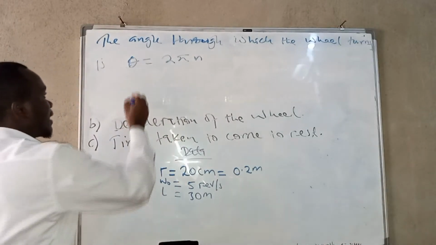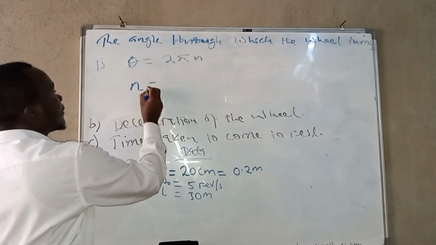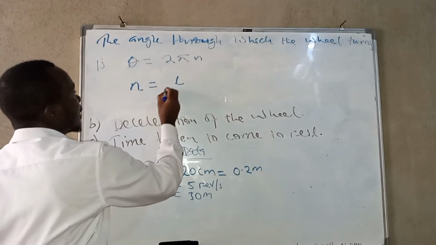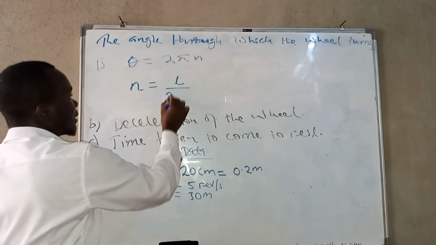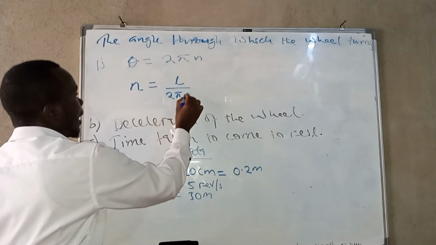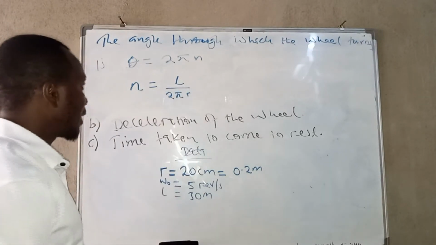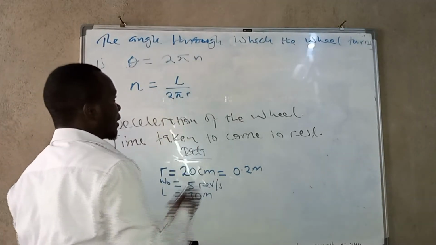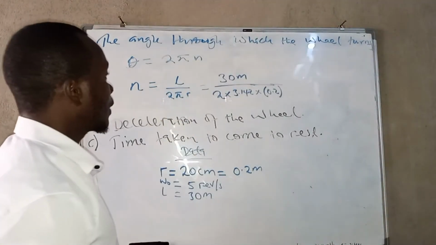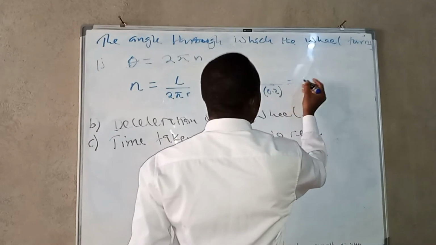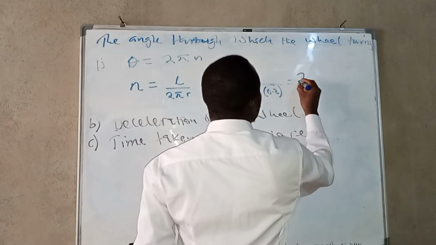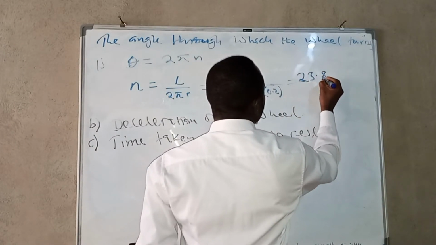But remember, the number of turns is related to L by this relation: N equals L over 2 pi r, the belt length over the perimeter, which is 23.87.